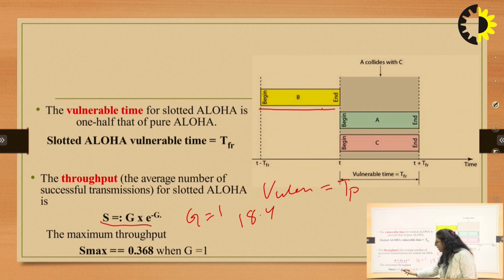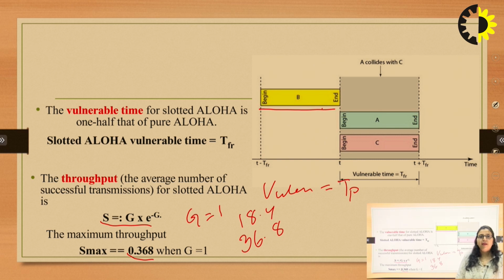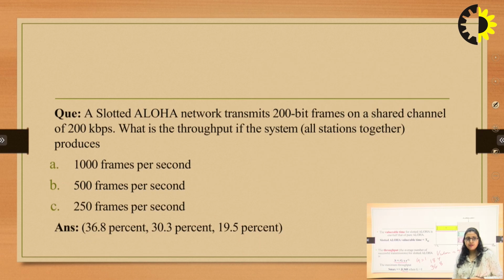But here the maximum throughput when the value of G is 1 is 36.8%. It means it improves the efficiency of pure Aloha when we convert it into slotted Aloha. When we divide the time interval into a number of different slots, it improves the efficiency of transmission.